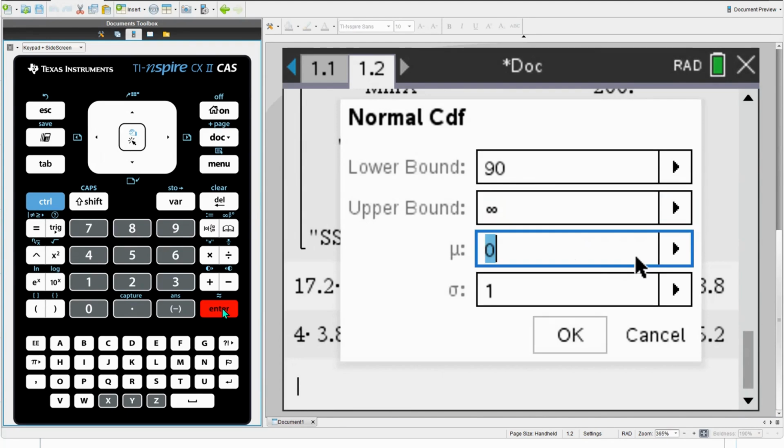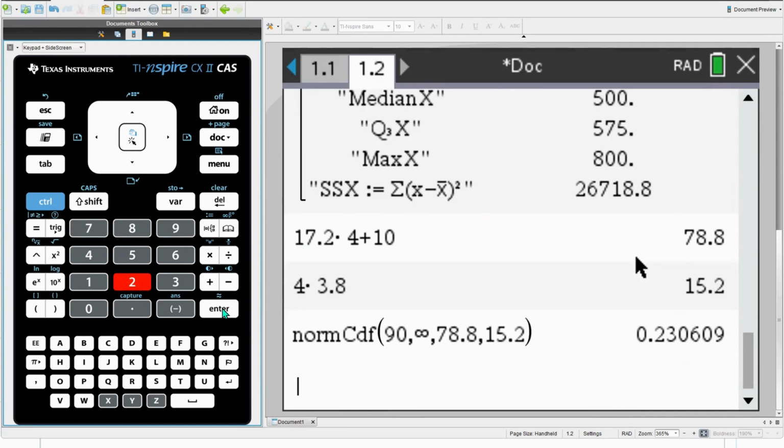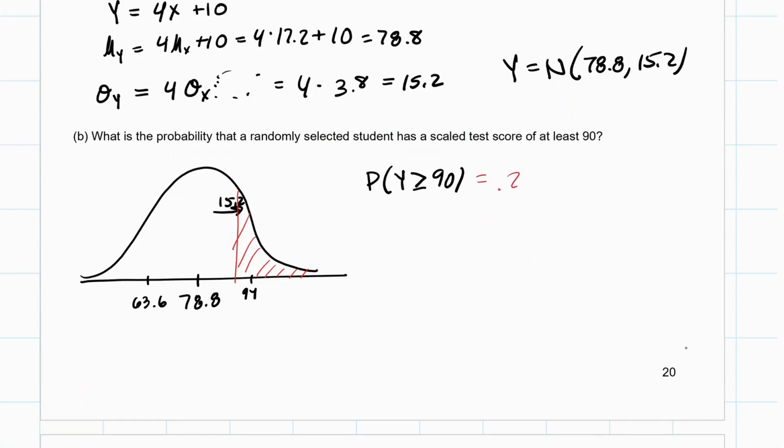Our mean is 78.8, and our standard deviation is 15.2. And we get 0.2306. So does this look about 23% approximately? Yeah, it does to me.